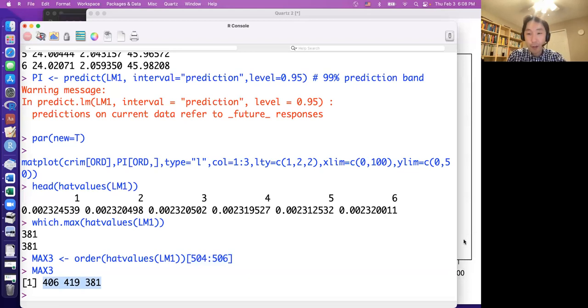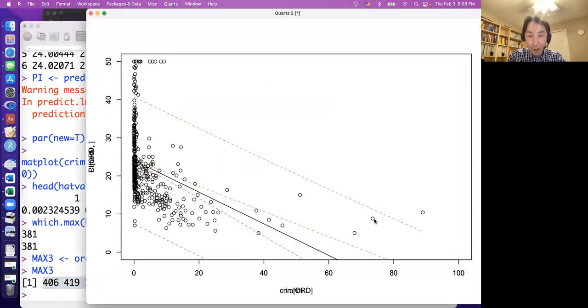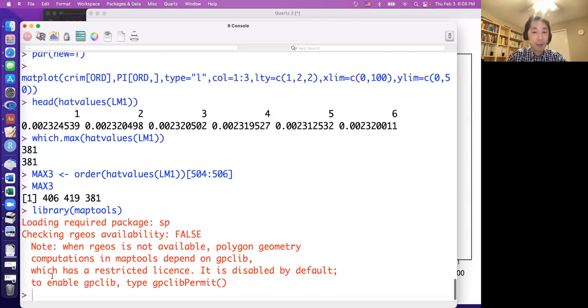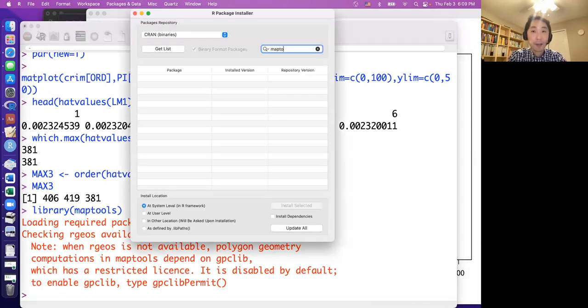And maybe we can describe which observation is this. To do that, we can install the library maptools. Maybe I haven't installed this one.